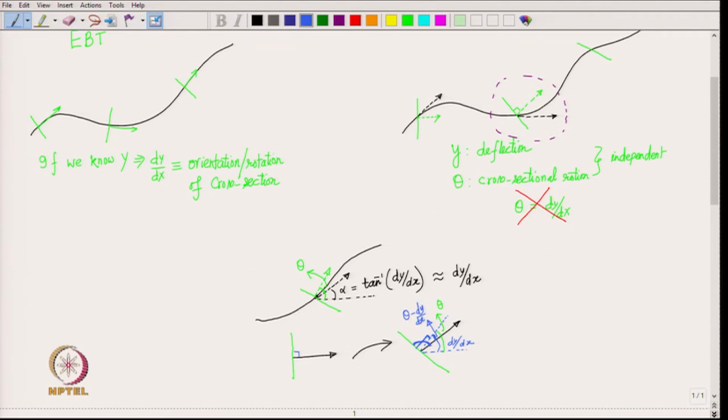So, what is the final angle between the cross section line and center line tangent?